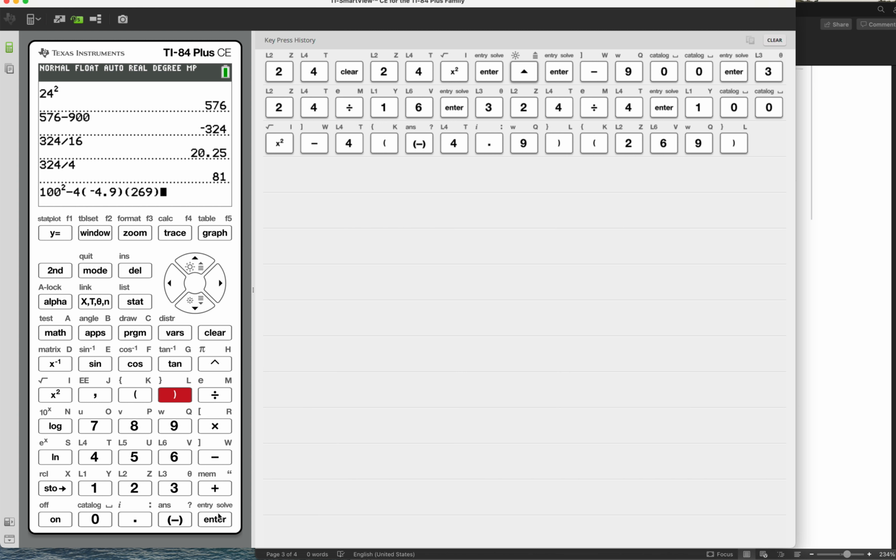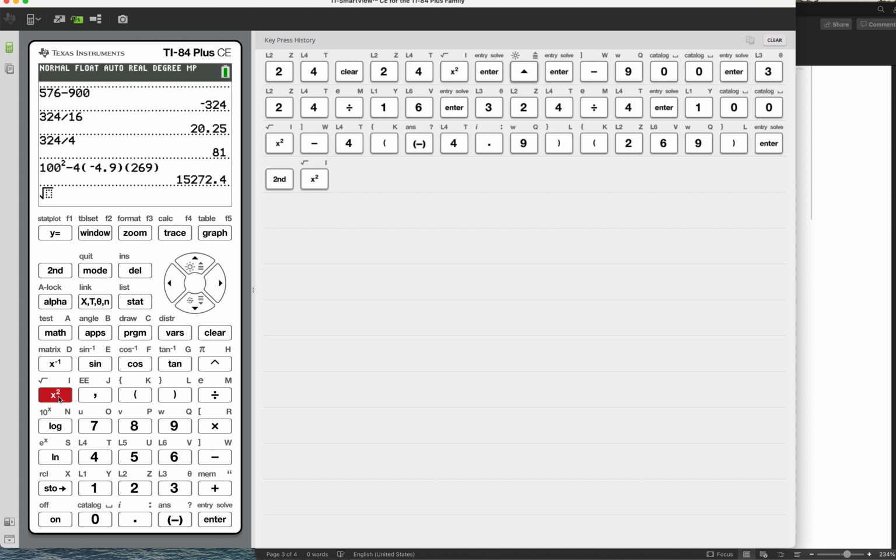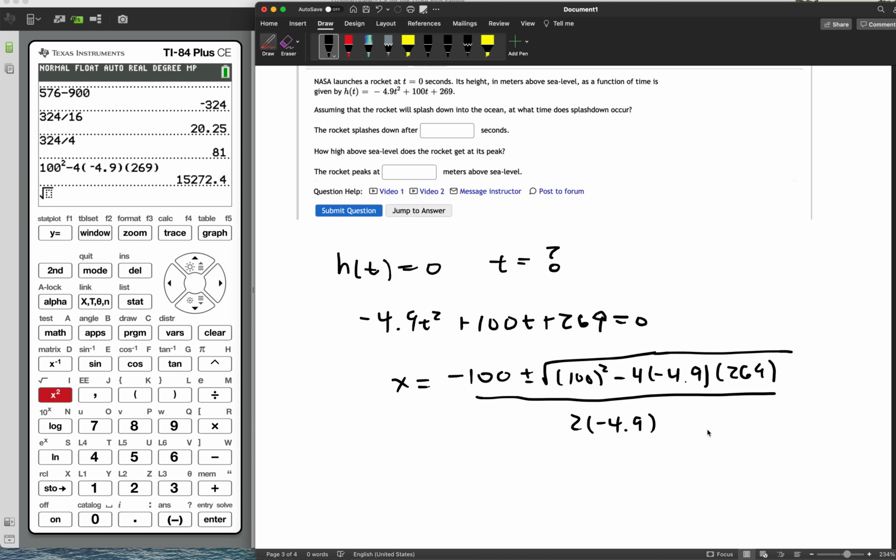This will give me this number, 15,272.4, and I want to take the square root of that in here.